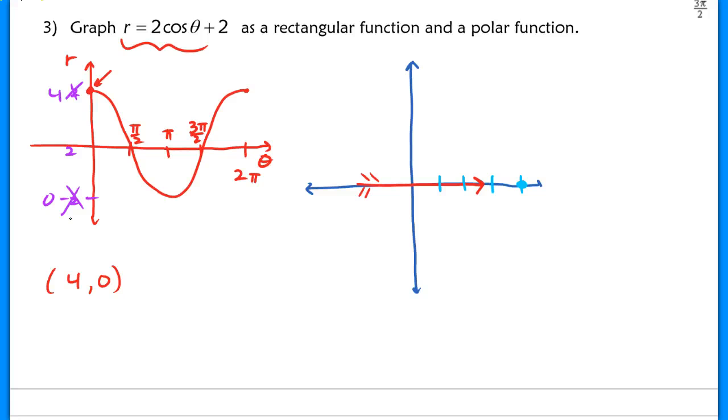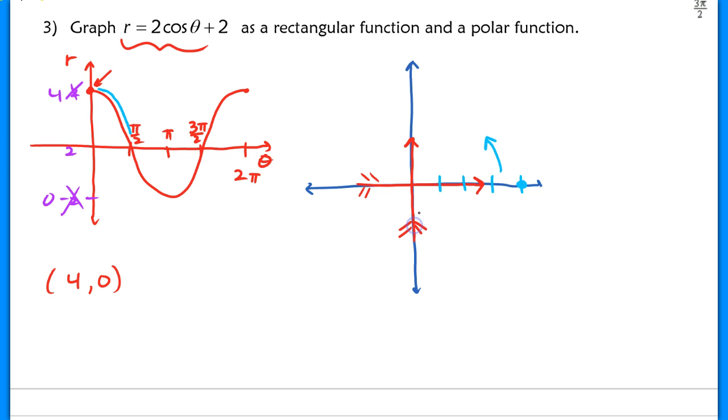Now as theta increases, as we move our spinner counterclockwise, our function is clearly decreasing. That r value decreases until it gets to pi over 2, where it becomes the value 2. The spinner is now pointing at pi over 2.